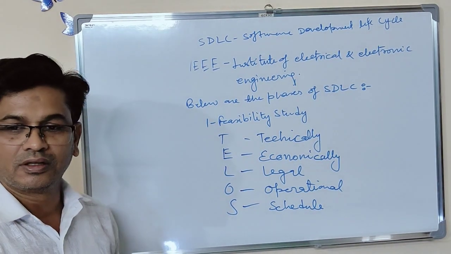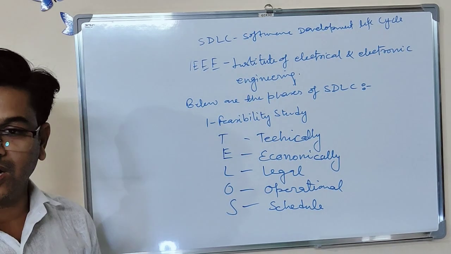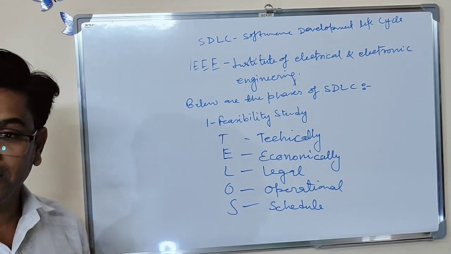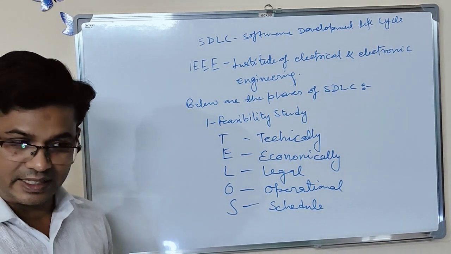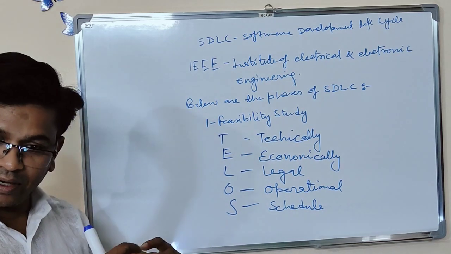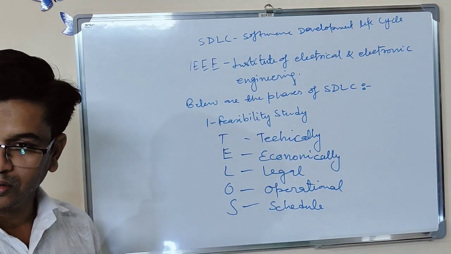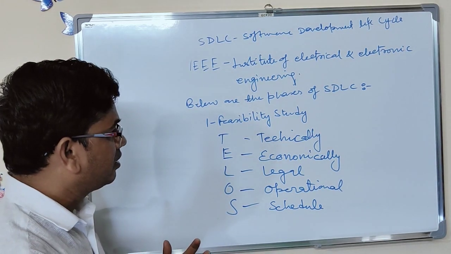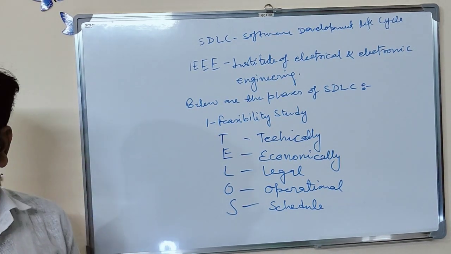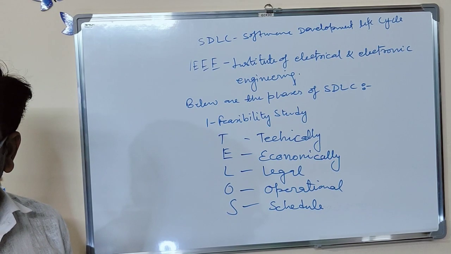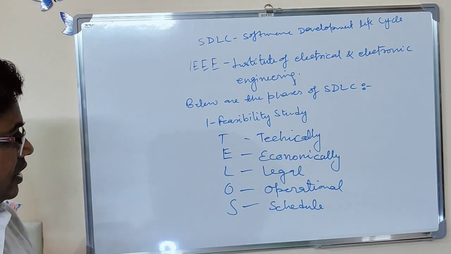Technical means available hardware resources, software skills. The skills which we have within the organization, are they capable to technically develop this requirement into functionality? So that will be done by the BA team.